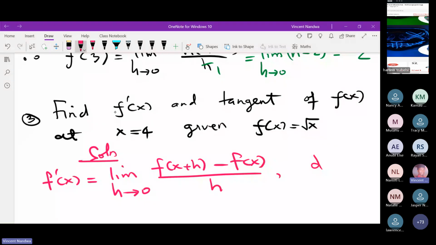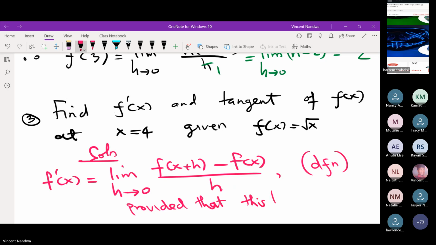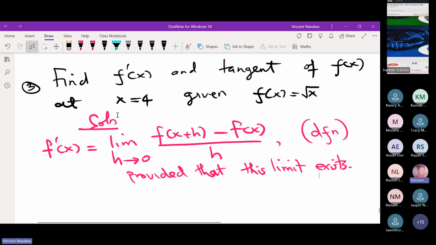This is by definition, provided that this limit exists. So that's how we define the derivative of a function f of x. So f of x is root x. This is what is given in the question.